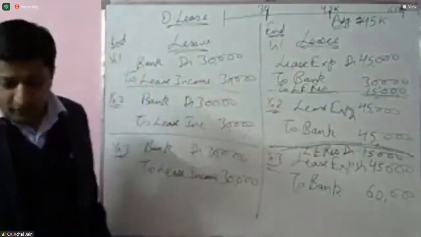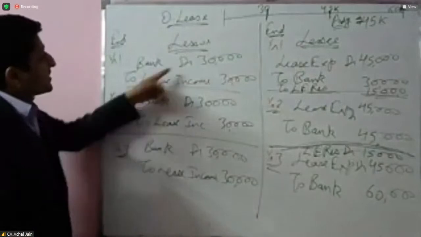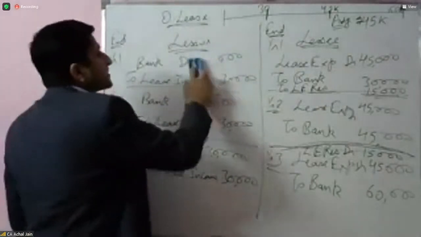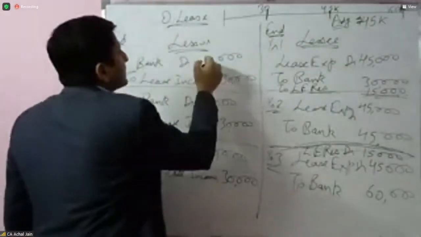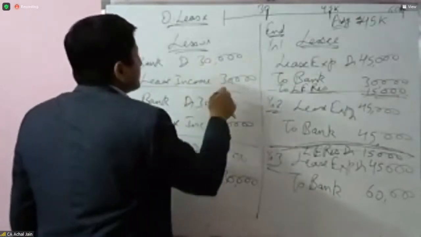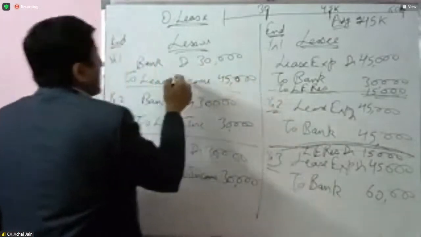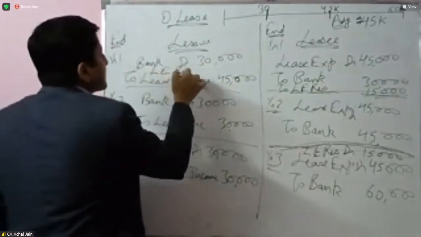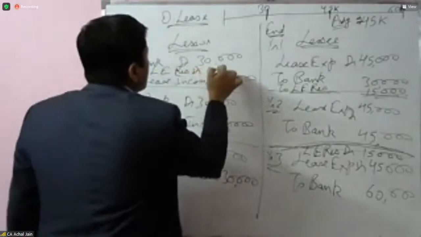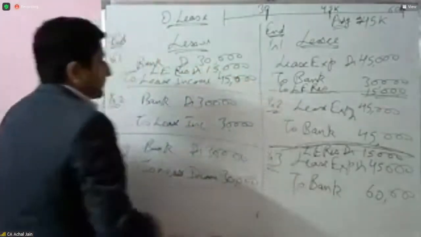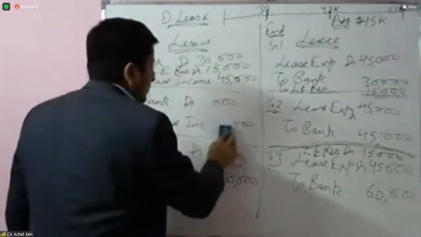Let's understand how we do that. In this case, 30,000 will be received. Lease income will be 45,000. And over here, it will be lease escalation reserve debited 15,000. Next year, there's no problem.